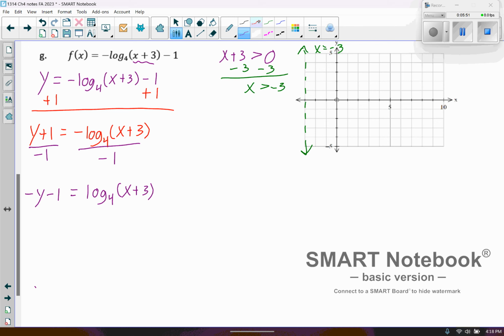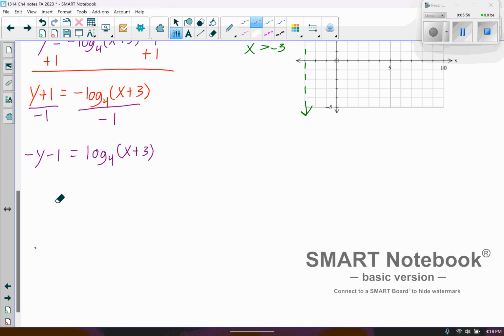And then now we're ready to convert this into exponential form. So this is going to be 4 to the power of -y minus 1 is equal to x plus 3.